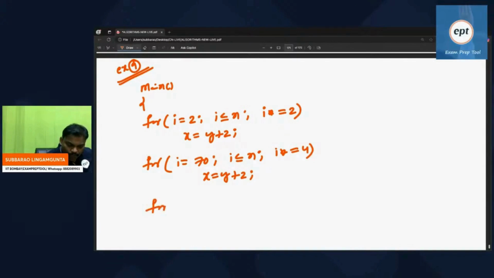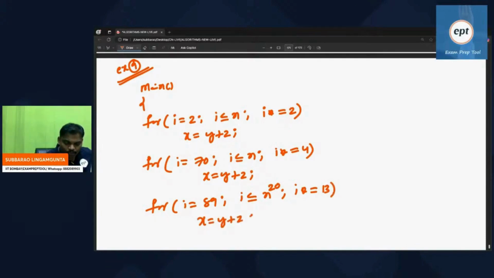For i equals 89, i less than or equal to n to the power 20, i *= 13, x = y + z.